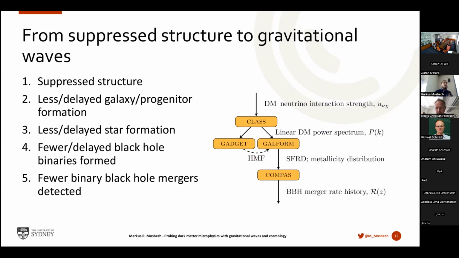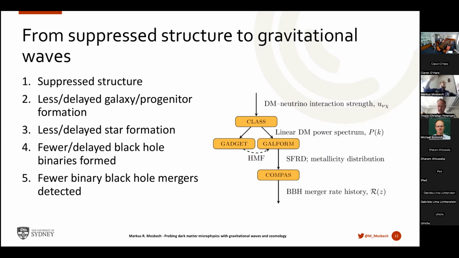GALFORM then uses a Monte Carlo method to generate a population of galaxies and their redshift history, giving us the star formation rate density and the metallicity distribution over cosmological times for this population of galaxies. What we can then do is put this into the code COMPAS that, based on this, generates a population of binary stars, evolves them, forms binary black holes, and does this evolution saying, when are these going to merge?